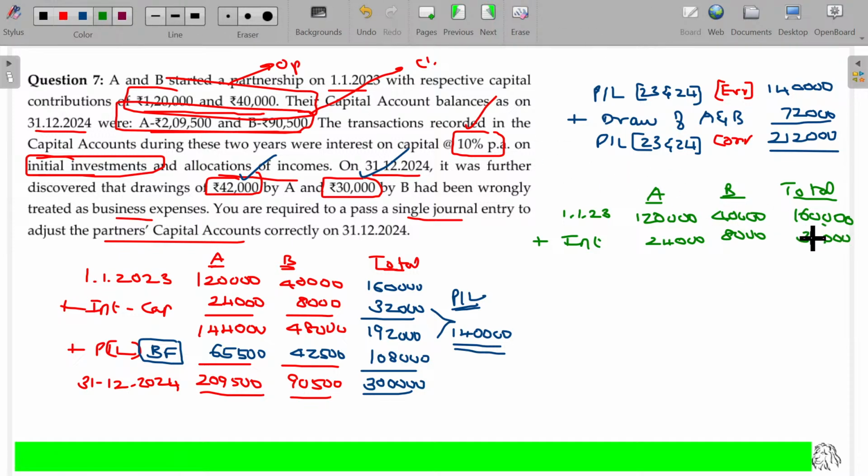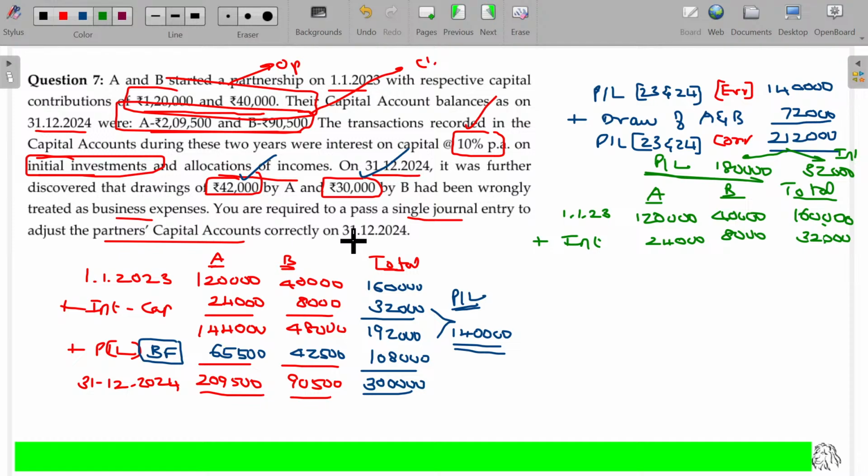Now, out of 2,12,000, 32,000 is for interest. Balance being profit and loss. How much is that? 1,80,000. How can you distribute or appropriate the profits earned? 2,12,000 will be shared to the partners for interest on capital, salary, commission, if any. But we have been given only interest on capital.